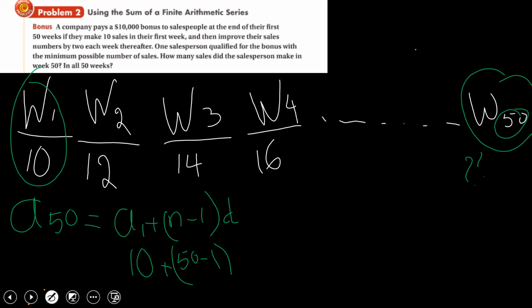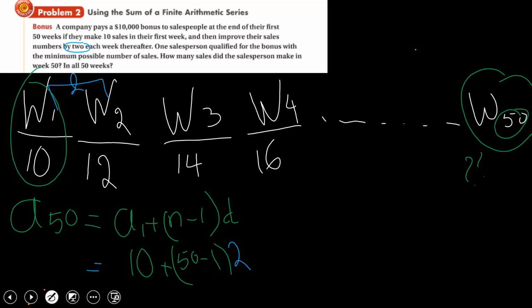Do I know the common difference? It's 2. I subtract 12 minus 10. Or from the question, he told me that he improved his sales by 2. So here the common difference is 2.